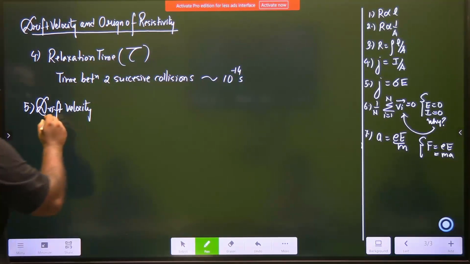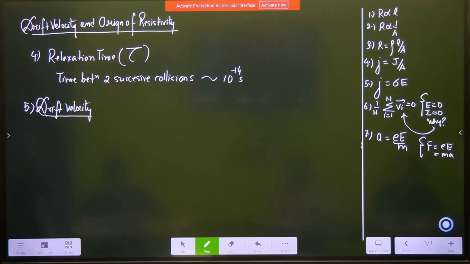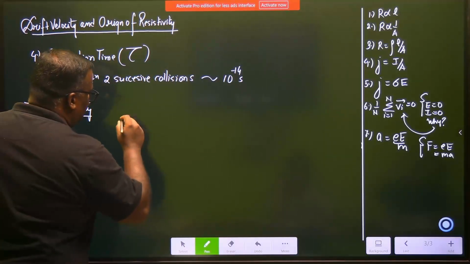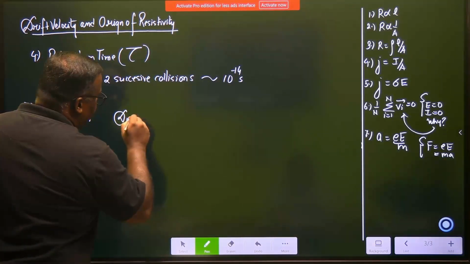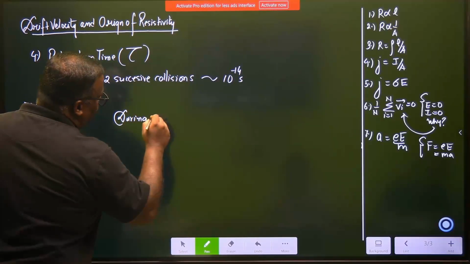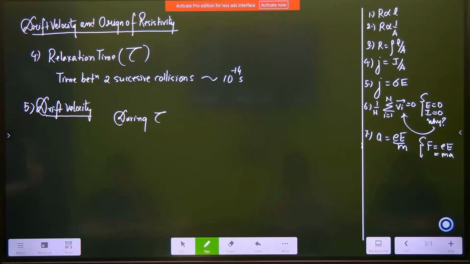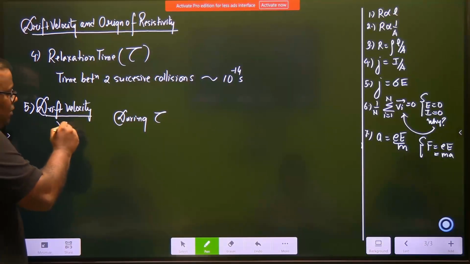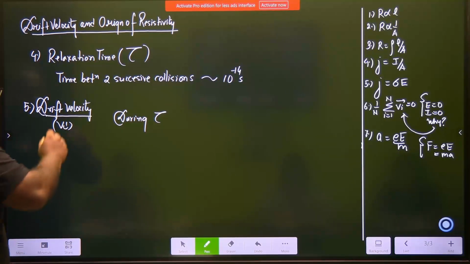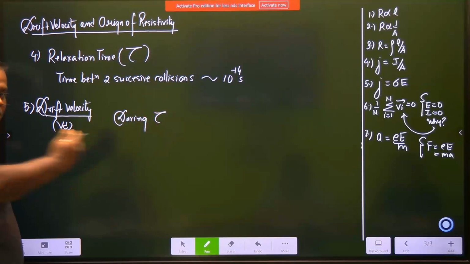So let's come to the drift velocity now. During tau, what is tau? Relaxation time. Observe me. I am an electron. My velocity is Vd, the drift velocity. I am an electron, and you understood that drift velocity with which it is drifting.